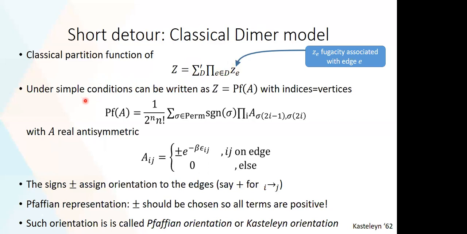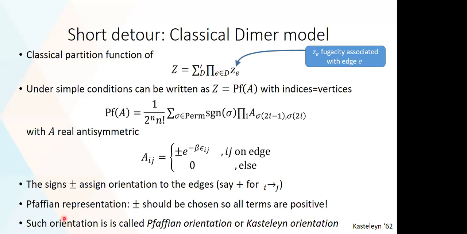What do you call an edge? An edge of the graph is just the two sites that might be connected by a dimer. And here it's a product of all the edges occupied by dimers.